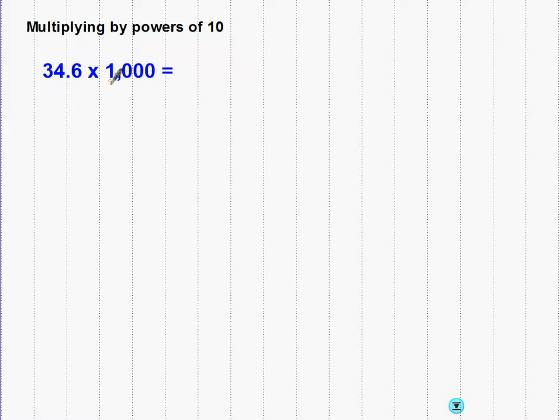So since we're multiplying times a power of 10 number, I know that I can get my answer by moving this decimal point to the right, the number of zeros, according to however many zeros I have in that power of 10 number. So let's come over here and let's write 34 and 6 tenths between the lines.